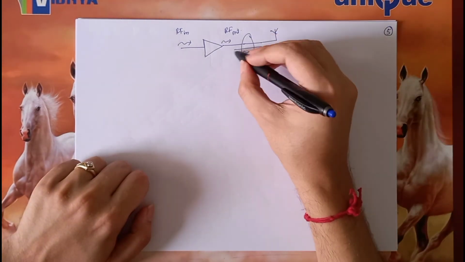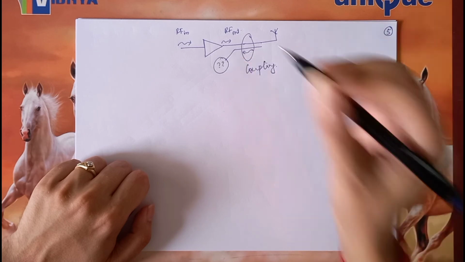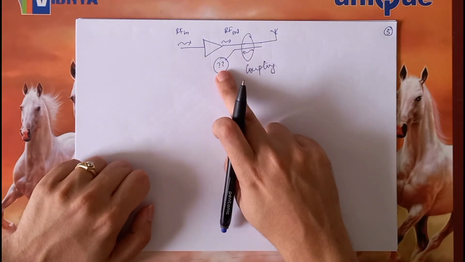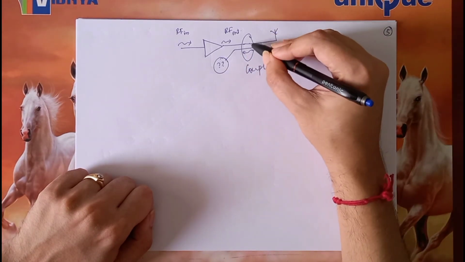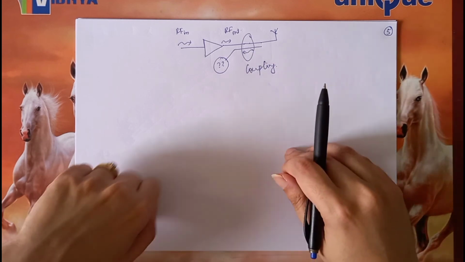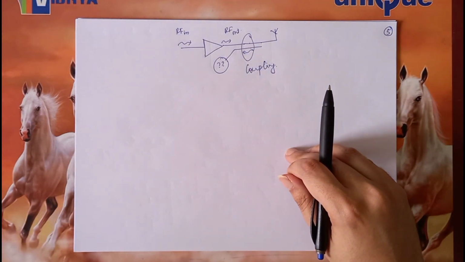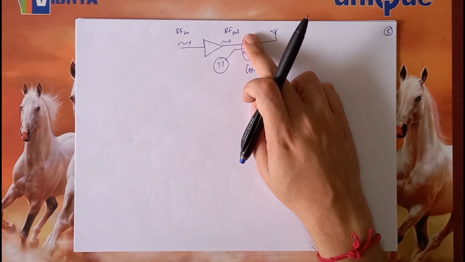Now I can simply connect my instrument over here and measure the magnitude of the wave that is here. And if I know how closely these are spaced, by reading the magnitude of the wave in the second conductor, I can estimate how much is the magnitude of the wave in the first conductor.